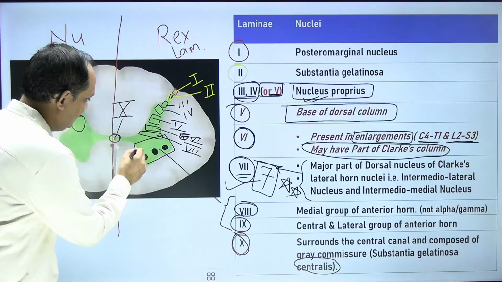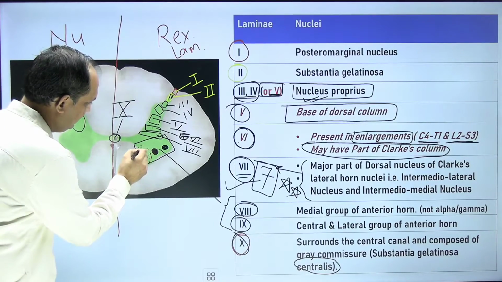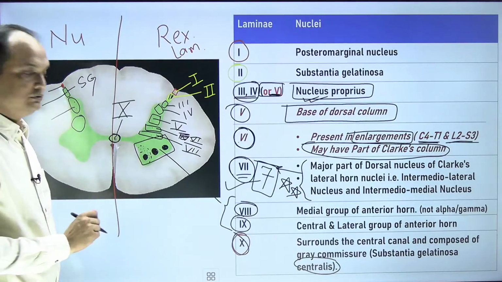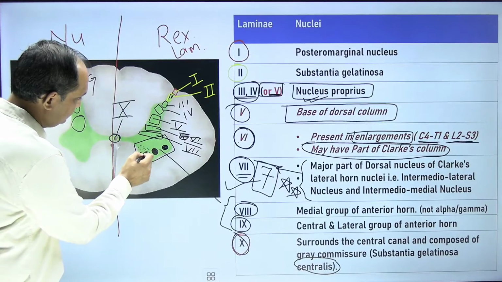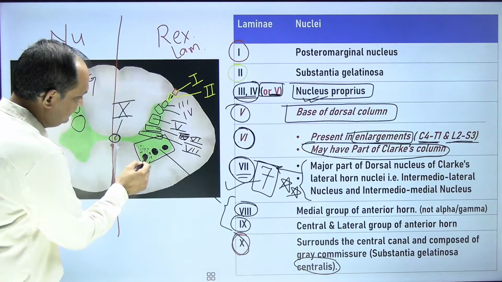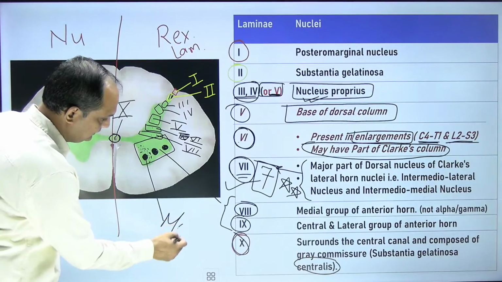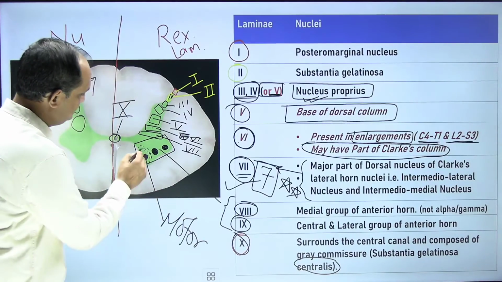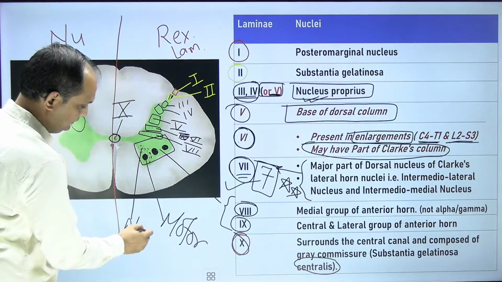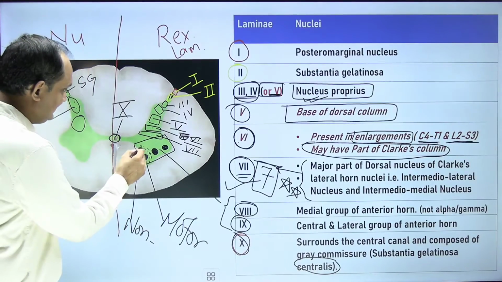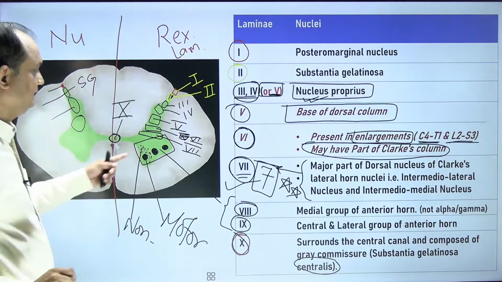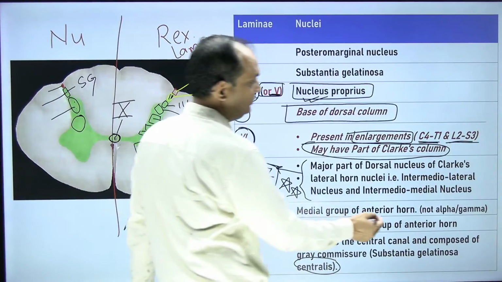It is the area which further surrounds this medial group. So this outer area is also known as medial group, and this is also medial group, but this is your motor medial group and this is the non-motor medial group. Clear? This is Rexed lamina 8, which is part of the anterior horn, but it is non-alpha-gamma motor neuron.